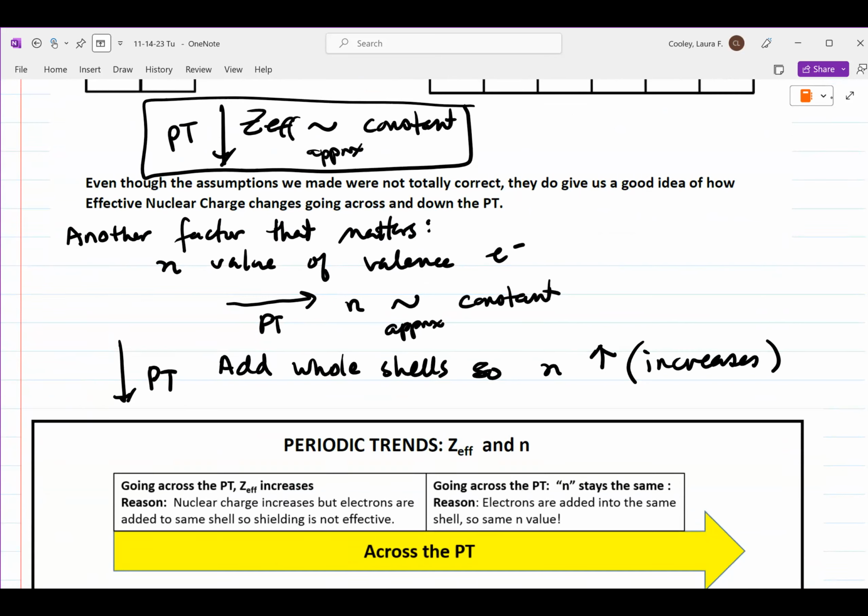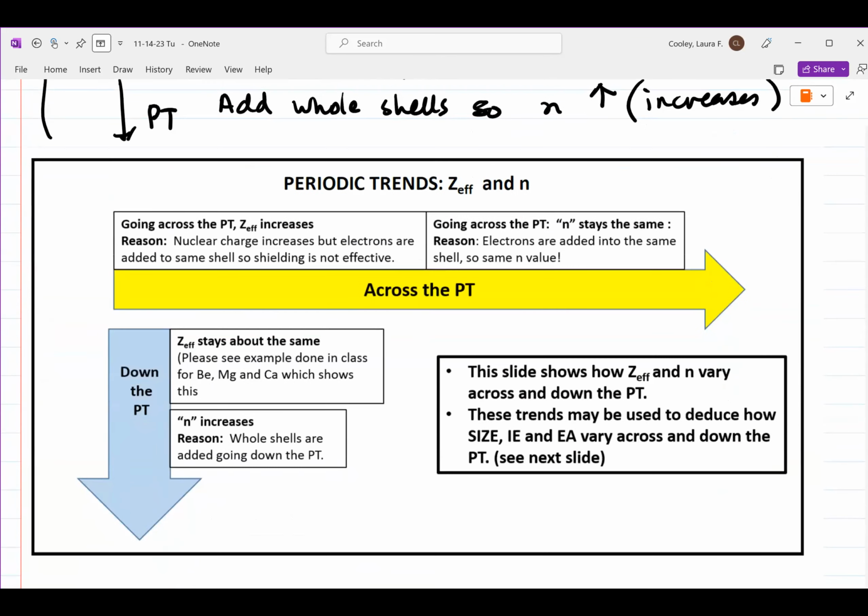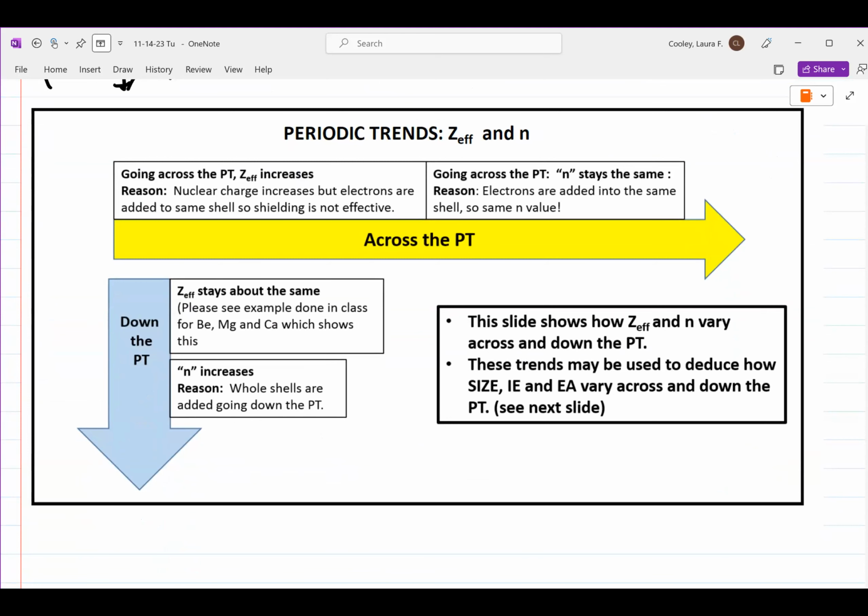So this is another important factor in determining periodic properties. And I have this picture on the handout that I gave out about the effective nuclear charge activity. If you turn the page, it has this picture there. It just summarizes what I've really just said. As you go across the periodic table, the effective nuclear charge increases.